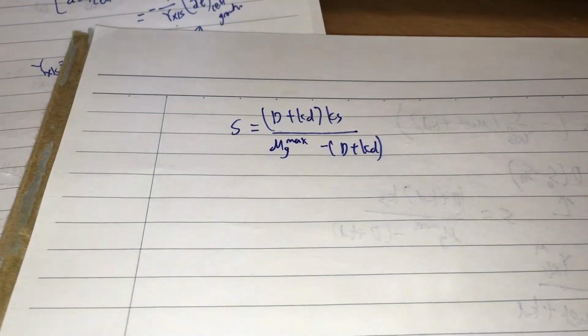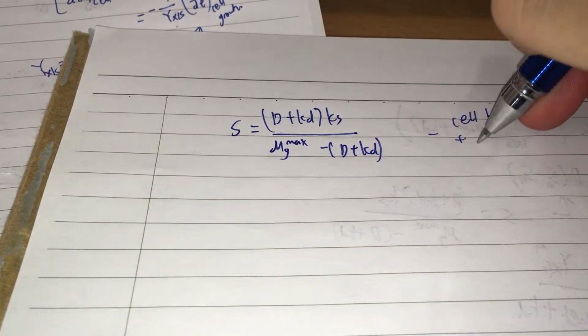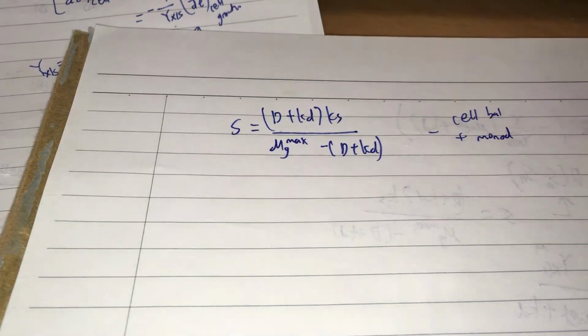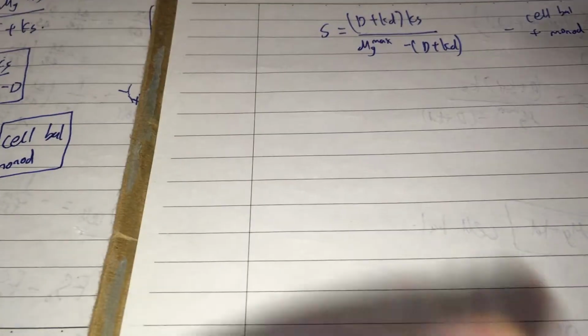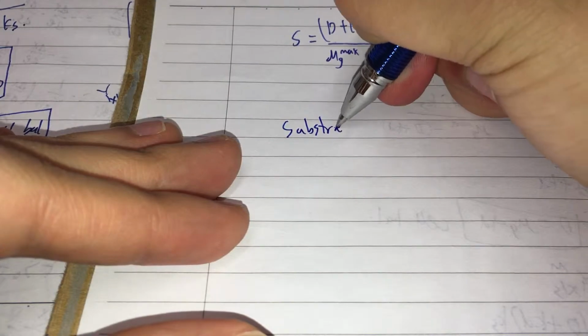That still remains constant, from the cell balance plus Monod. So we want to relate it to our substrate concentration. So let's do a substrate balance.